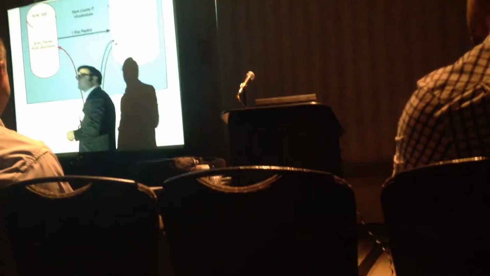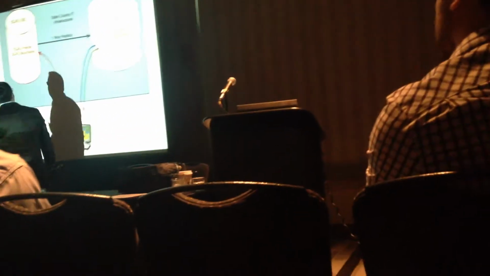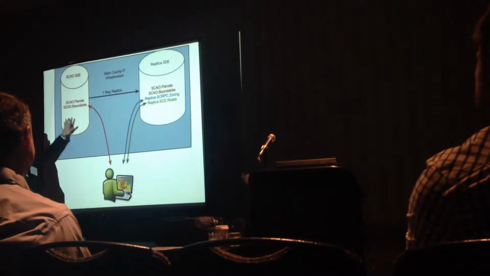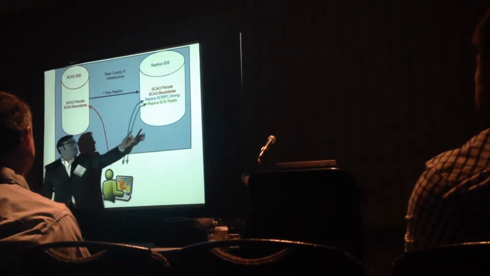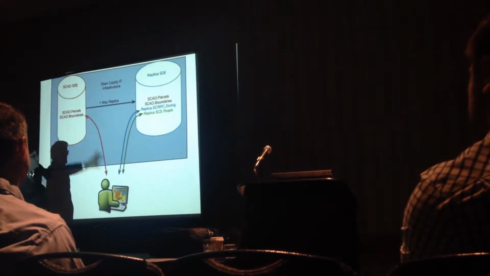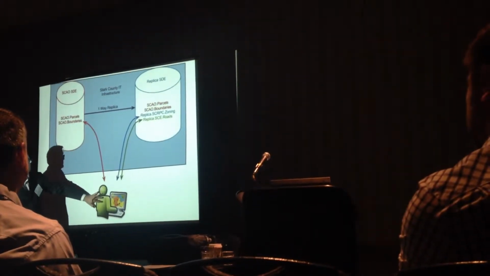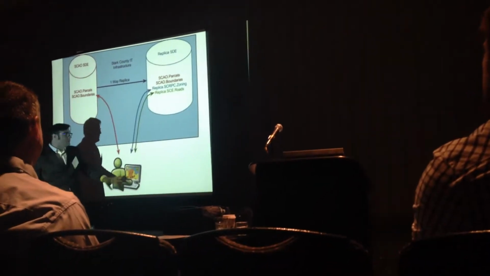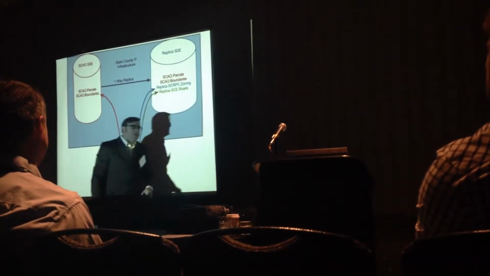Okay, I'm naturally loud, but I worry. So if I'm this guy, and I would like to edit my parcels and my boundaries, but I want to see the zoning and the roads so that I have contextual information, I pull into my map the parcels and the boundaries so I can edit, and then using the Stark County Replica, I can pull in the zoning and the roads to view. And that's how that works. It's pretty awesome.